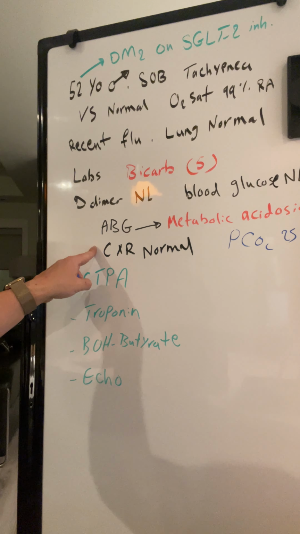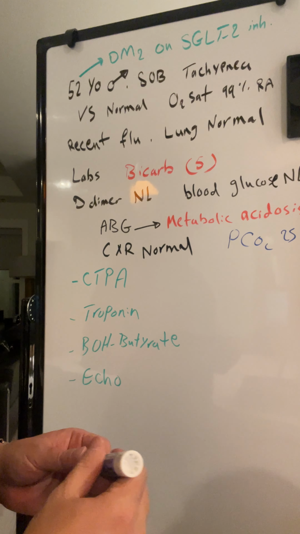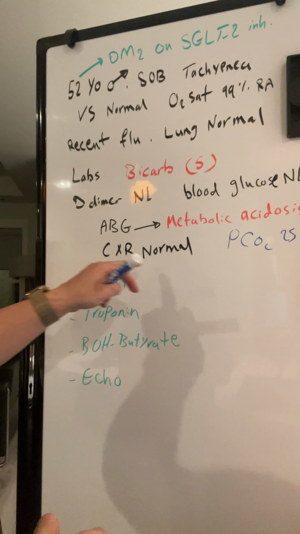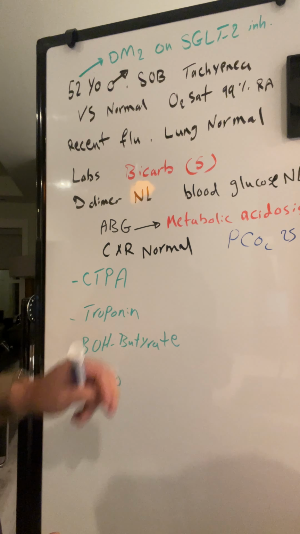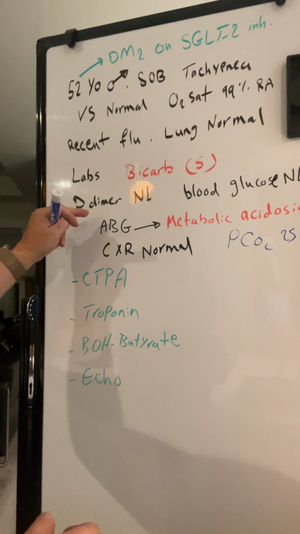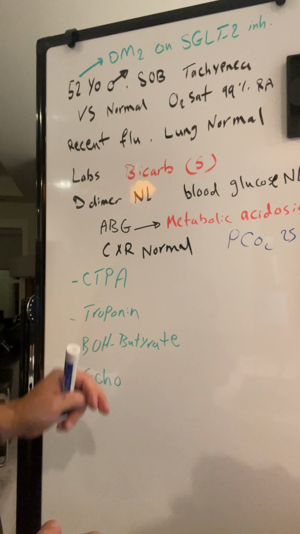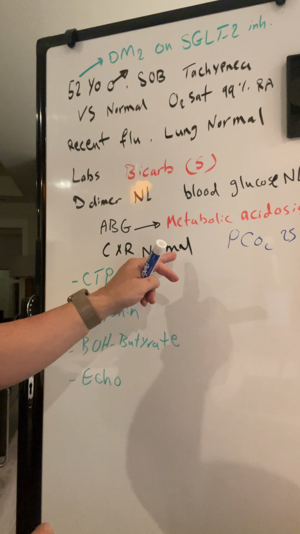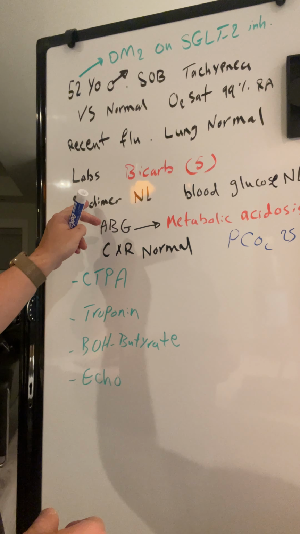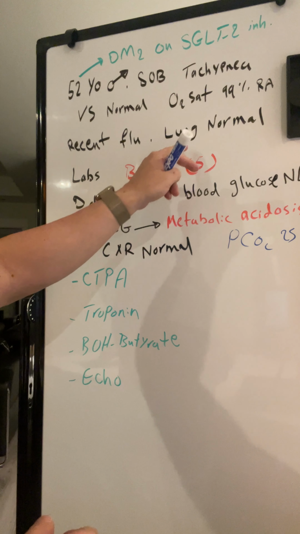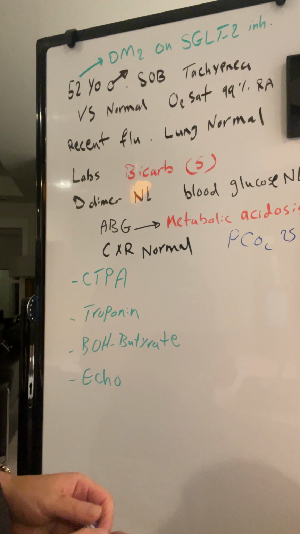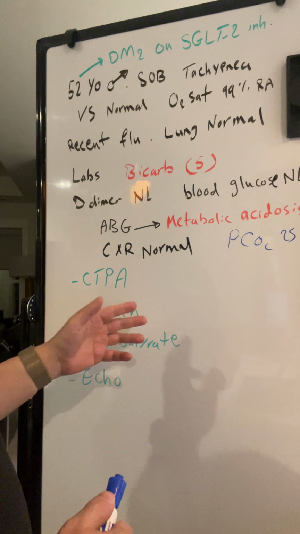They did a chest x-ray, which is normal. So by that time, you know that it's not a pneumothorax, it's not a pneumonia, it's not a PE. It's not COPD because the lung examination was normal and the patient was not wheezing.